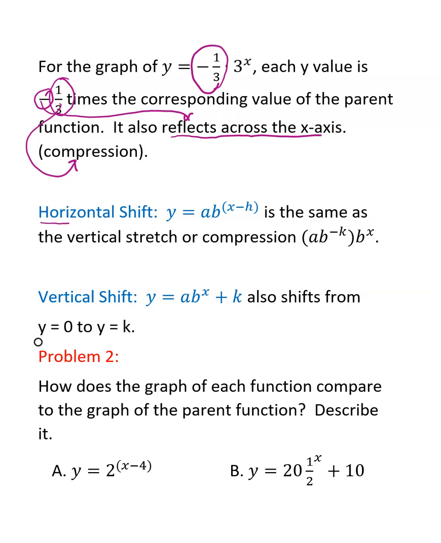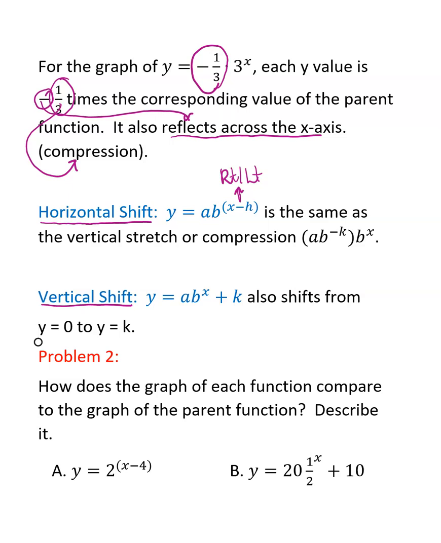Here's a couple of formulas that you might want to write down. One is that of the horizontal shift, y equals ab to the x minus h. So remember that this right here will translate this either right or left, depending on if it's a plus or a minus. It's the same as a vertical stretch or compression, ab to the negative k times b to the x.